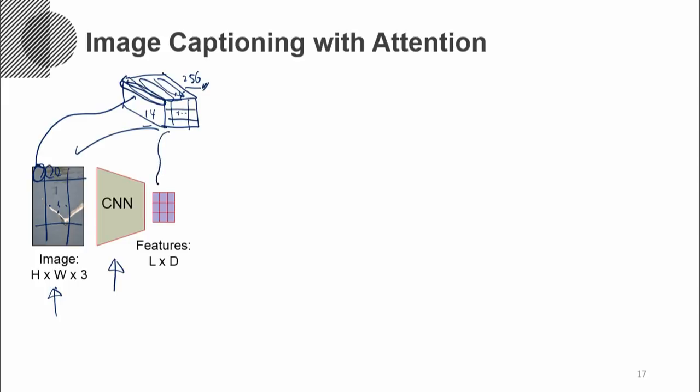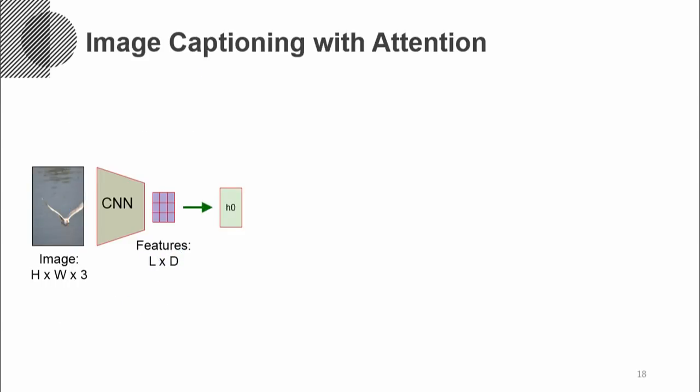This is represented as this rectangle. And here, this L corresponds to different locations. We have in total 196 different locations, and at each location, we extracted 256 different feature values. And that is the starting point when initiating our RNN process to generate our captioning model.